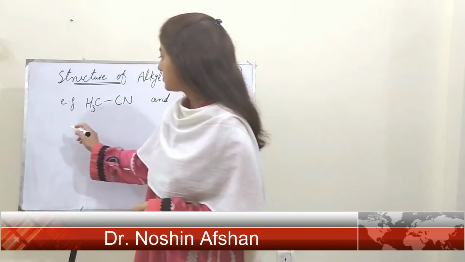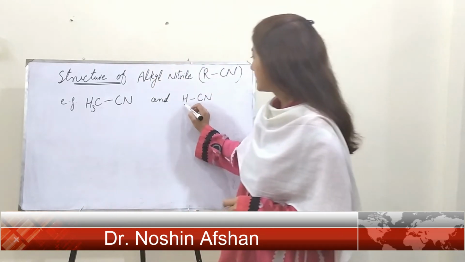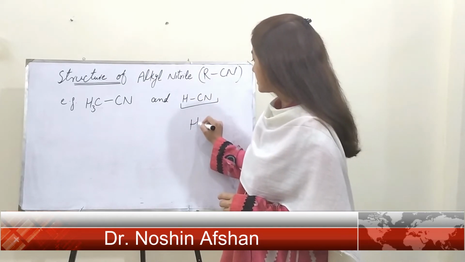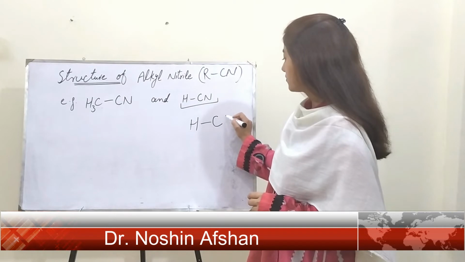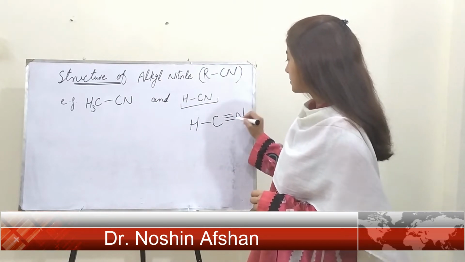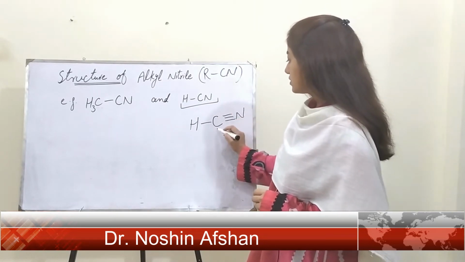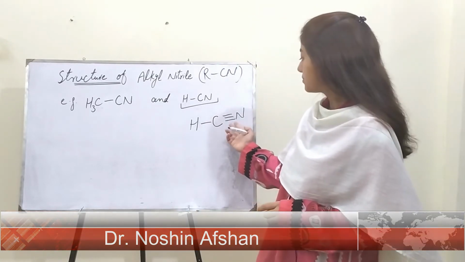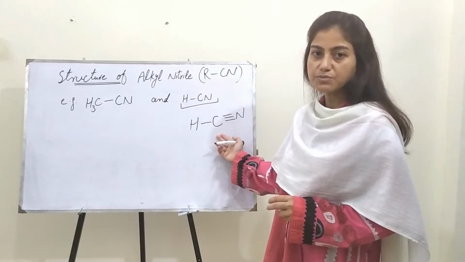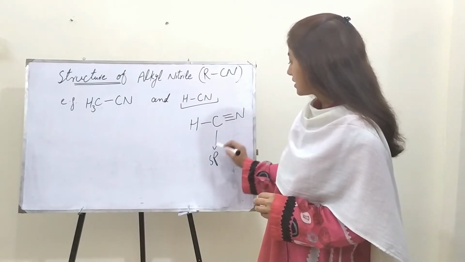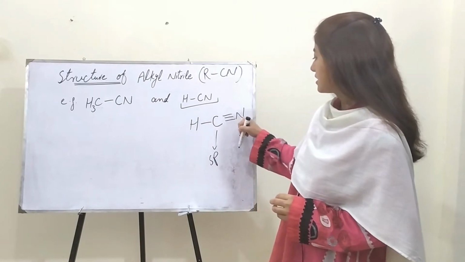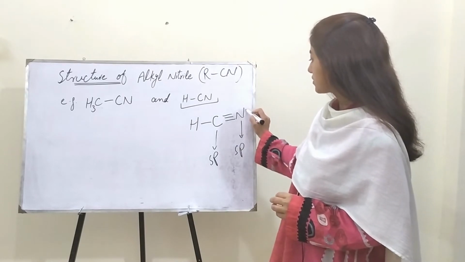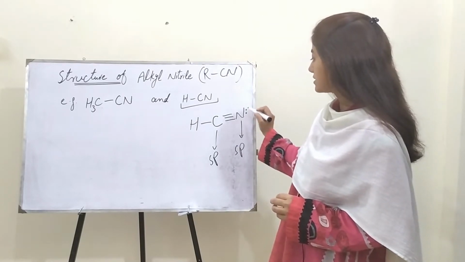So now let's begin. First of all, in the case of hydrogen cyanide, this structure consists of a triple bond between carbon and nitrogen. In the case of alkynes, the triple bonded carbon atom follows sp hybridization, and nitrogen would also show sp hybridization because it also has one lone pair of electrons.